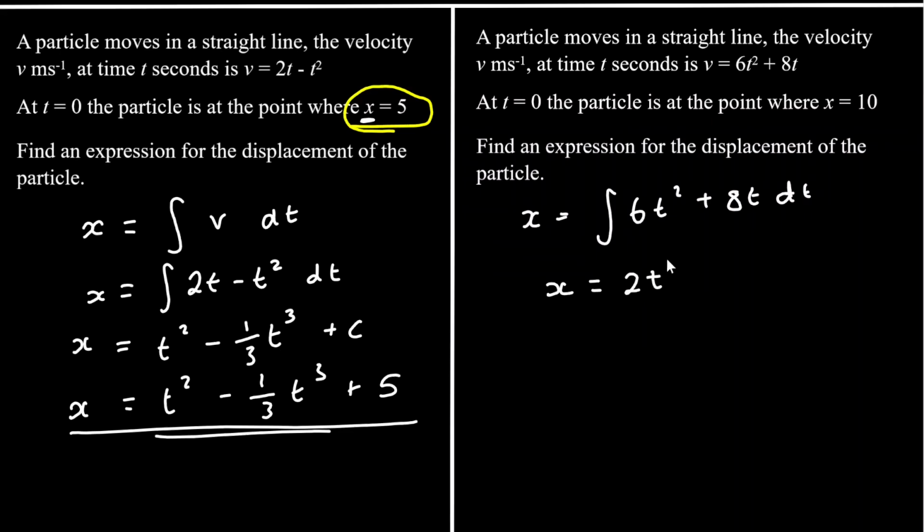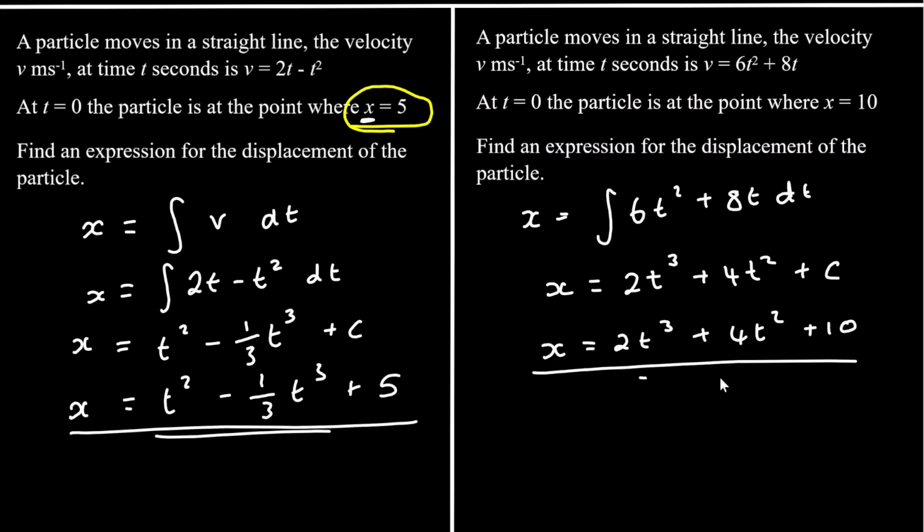That'll be 2t cubed plus 4t squared plus c. When t is 0, the displacement is 10. So that's going to be c. So it's going to be x equals 2t cubed plus 4t squared plus 10. And that is our expression for displacement.